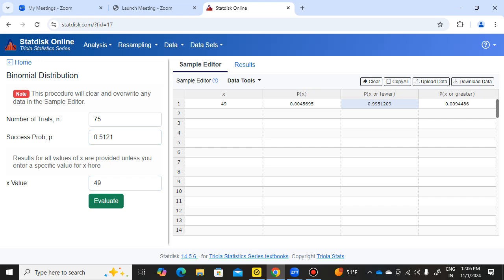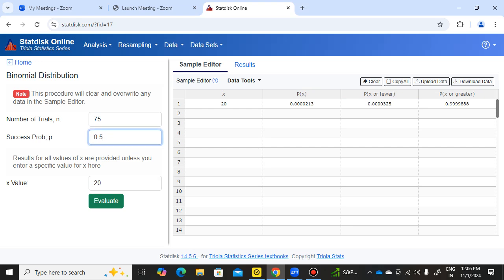Alright, so now let's do at most 20. So at most 20 is 20 or fewer. We'll put in 20. And let's do equally likely. I go left to right. Alright. 0.0000325.